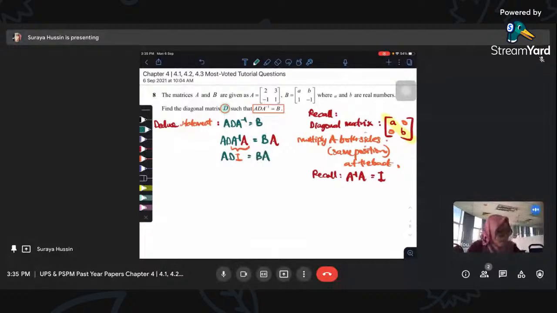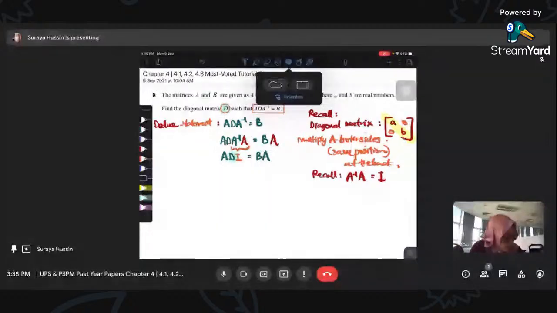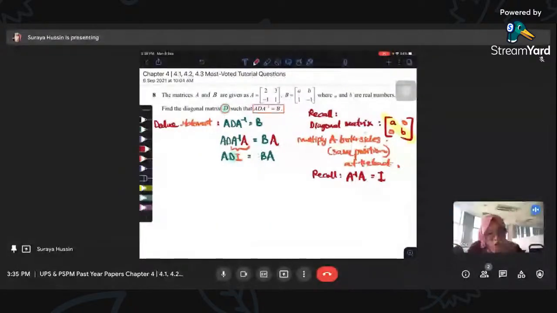Now remember our aim is to make D the subject. Therefore, our job right now is to multiply by A inverse. But since A inverse is at the front, the one here must also be at the front. That is how it works.